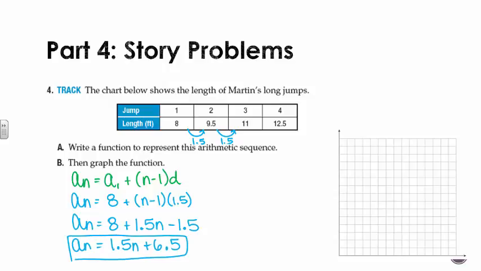So now we can either graph that, making a table, or we can just plot these points. My first jump, I go over 1, 2, 3, 4, 5, 6, 7, 8. My second one is up 8, 9.5, and then 11, and then 12.5. And we can see we have this nice straight line here that graphs this function.